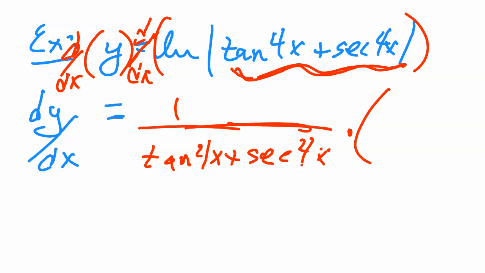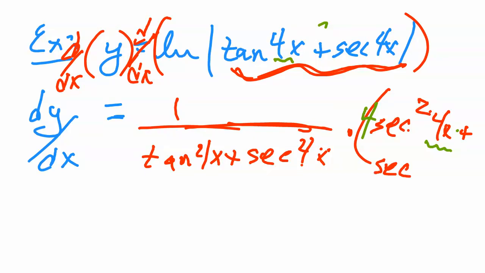So when I do that, the derivative of the sum is the sum of the derivatives. So the derivative of tangent is secant squared 4x. Whoops, my screen just got huge on me. But then I've got to do chain rule again because that was tangent of a function. And so secant squared 4x and then times 4, which I'm going to put in front of that just to make it easier on my eyes, and then plus the derivative of secant, which is secant tangent.